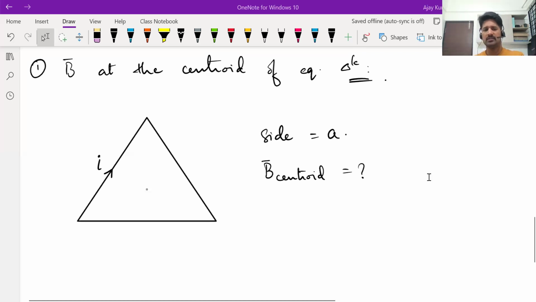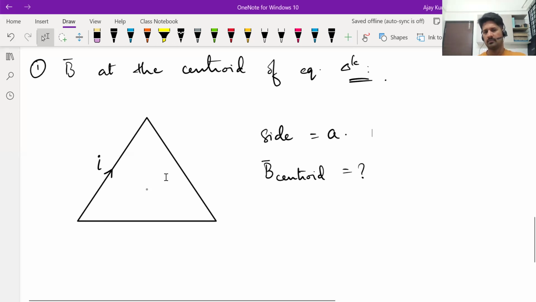Isha, how much is the distance x that you have considered? No response. Anugraha, what about you? How much distance x did you consider? For the base, it would be a by 2 root 3.